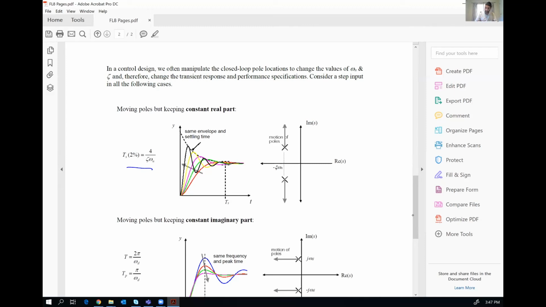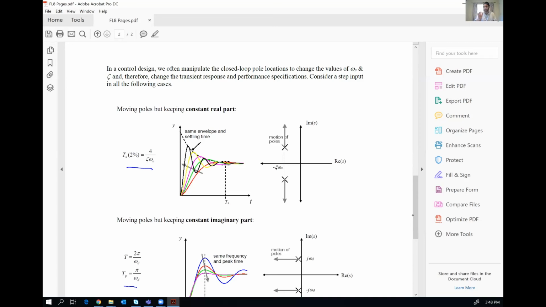So if I fix the real part of the pole, the settling time is going to get fixed. However, as I go further away from the real axis, so if the imaginary part continues increasing, notice that the peak response happens at pi divided by omega d.